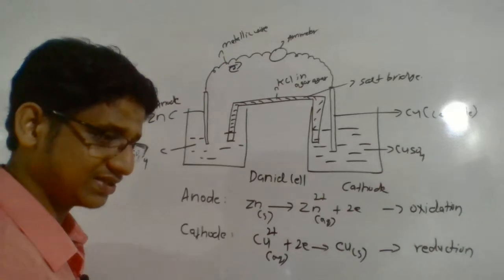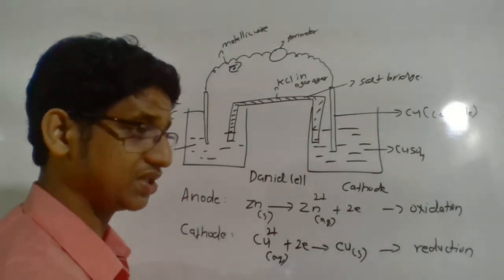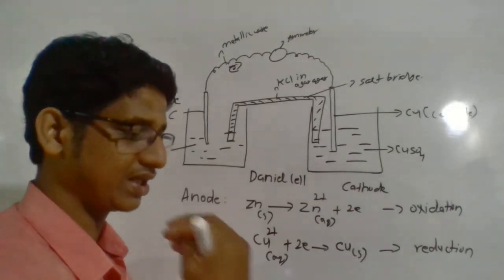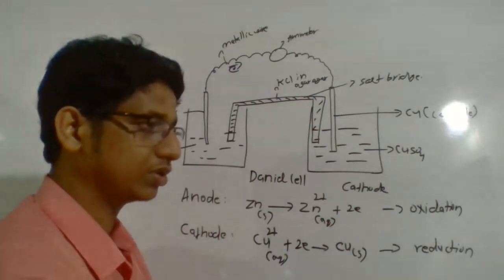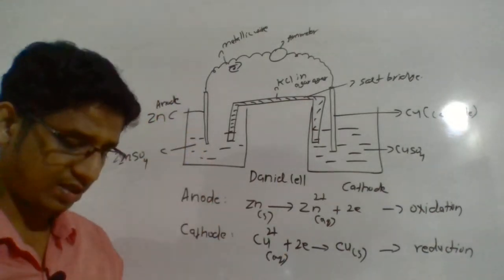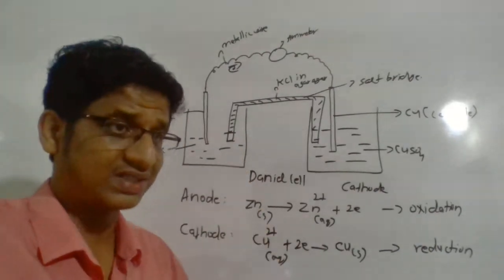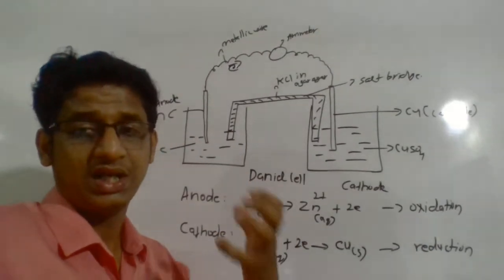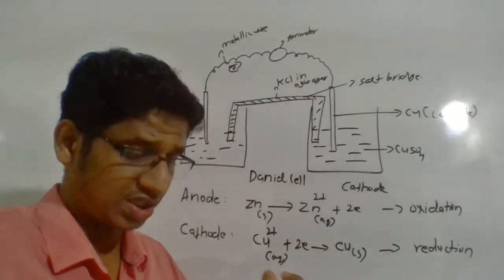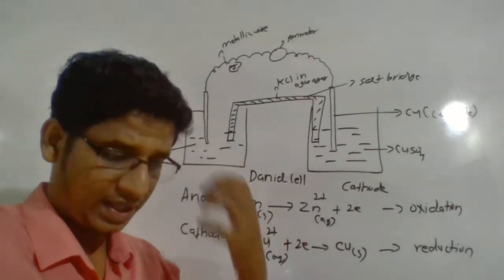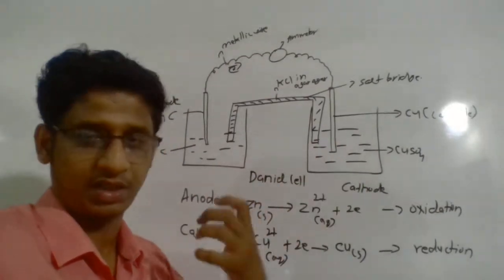So we can either consider a particular electrode in terms of its oxidation tendency, or we can consider its tendency as reduction tendency. You cannot take both, which means we have to fix one particular tendency. That's why we consider reduction potential as the standard electrode potential, where we have the reduction potential value of a particular electrode, and we compare the reduction potential of different electrodes.